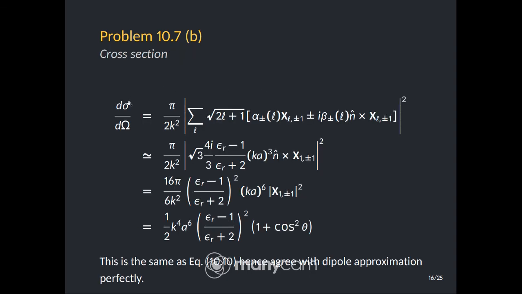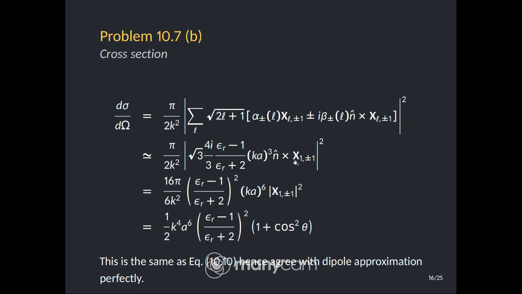The cross section d sigma d omega is equal to pi divided by 2k squared times this square. And because only the beta plus minus 1 is the dominant term, we only take L equal to 1 and keep the beta terms here.